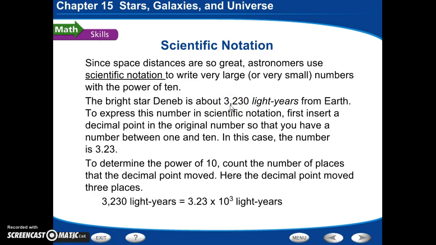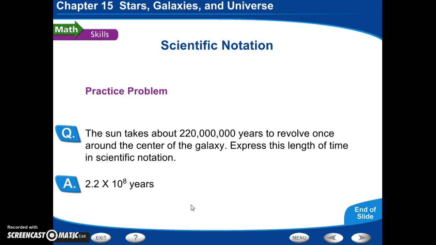So we always use this number here. This number here has to be greater than 0 and less than 10, and then this number up here, the superscript, is telling us how many times we had to move our decimal. Hopefully that makes sense.